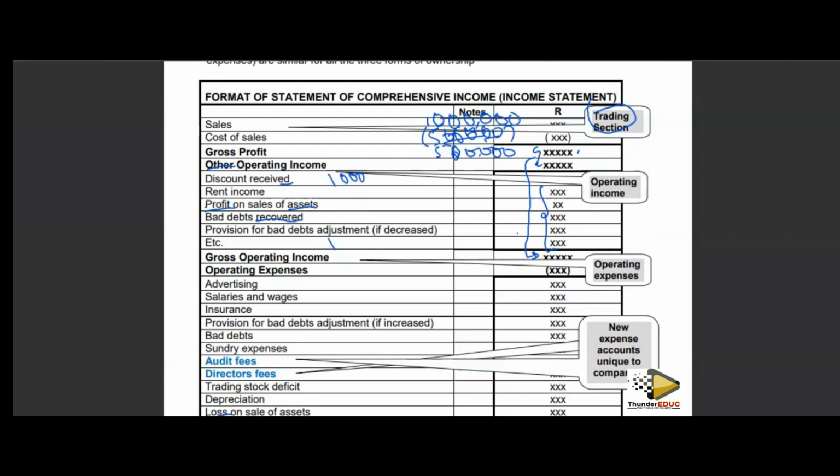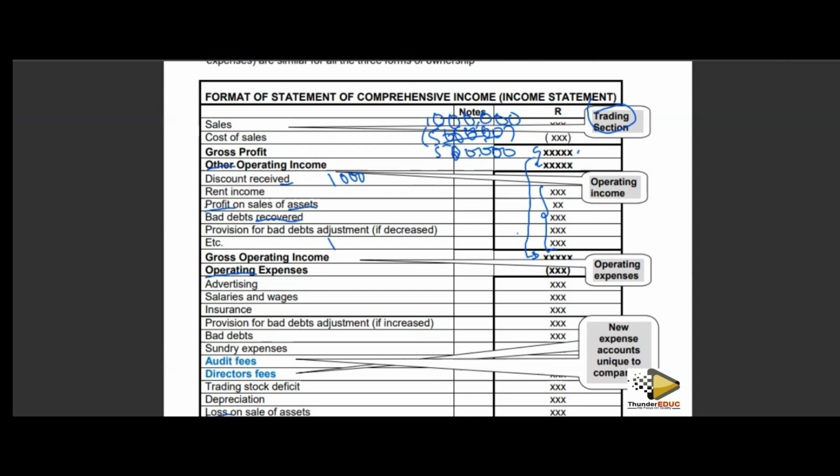Then after that, the other section is known as operating expenses. The word operating means we are looking at the expenses we incur during the normal business operations.